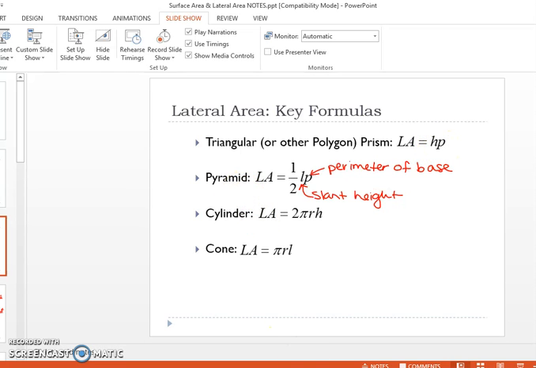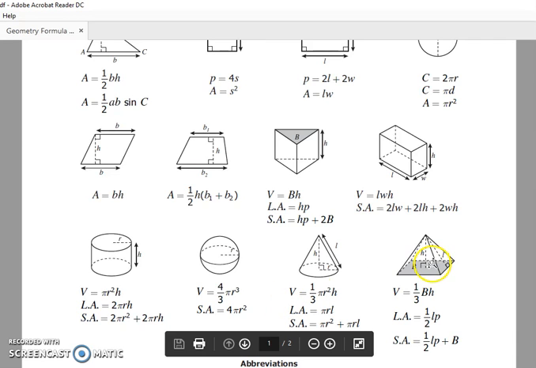For a pyramid, these are pyramids right here. This is a pyramid, pointing to the top, and it has a base. The lateral area is one half times L, which is right here, that's L, times P, the perimeter around the base.